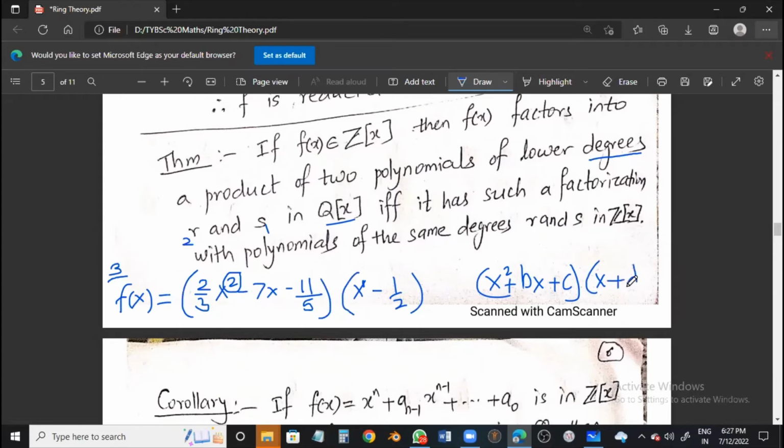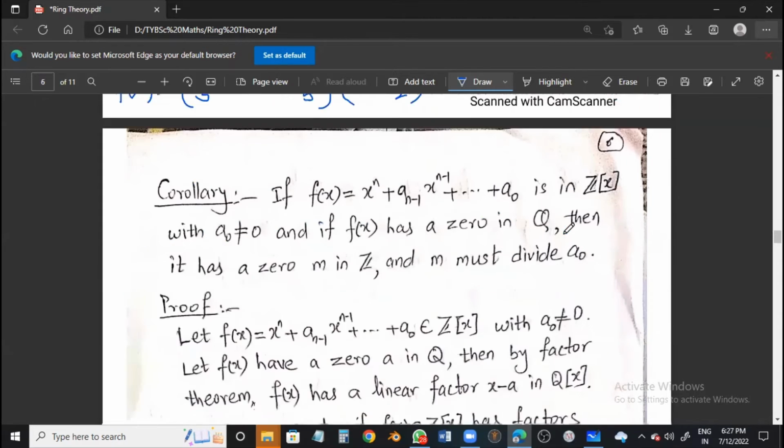So what I have done is I have taken b, c, d as integers, and this product I have written back as my f. So if it is possible to write f in this fashion, then this is possible, and if this is possible, I can write it this way. This is what we mean by this theorem. Okay, got this statement? Yes, ma'am. Okay, now I move ahead.